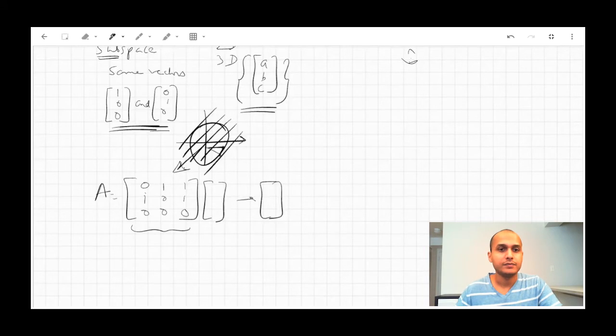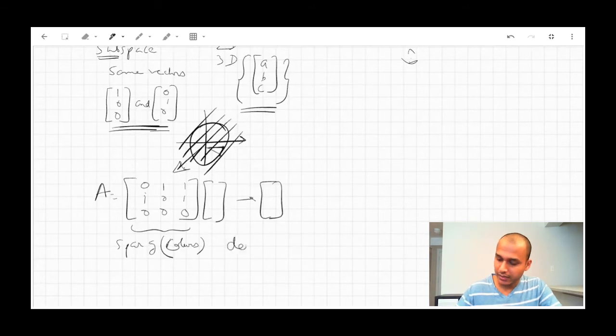Now you can see that the span of the columns in A does not encompass the output space, which means the span is restricted to a particular plane. In this example, it's just the 2-dimensional plane, maybe the xy plane here.